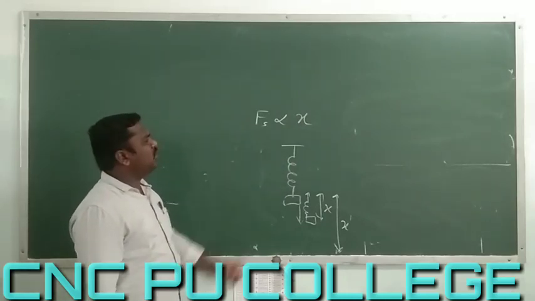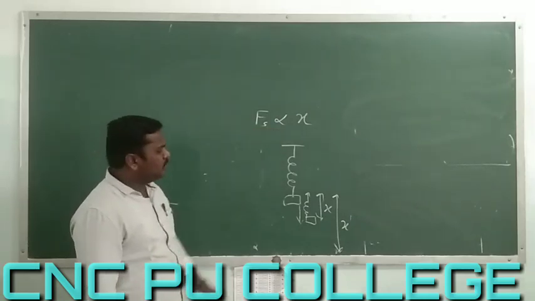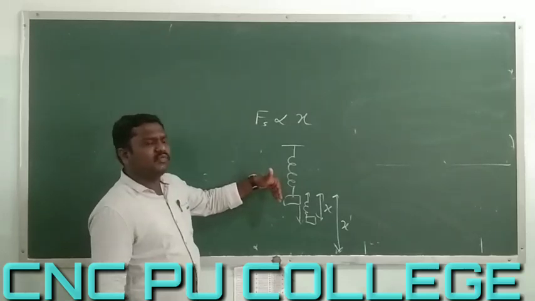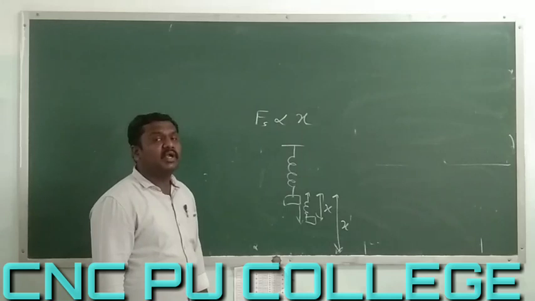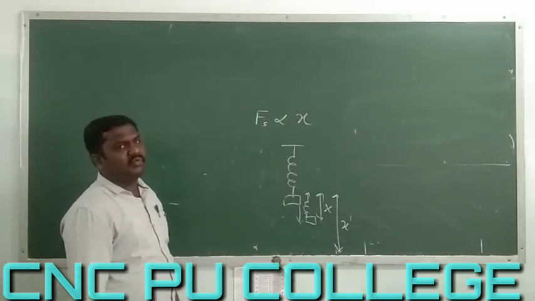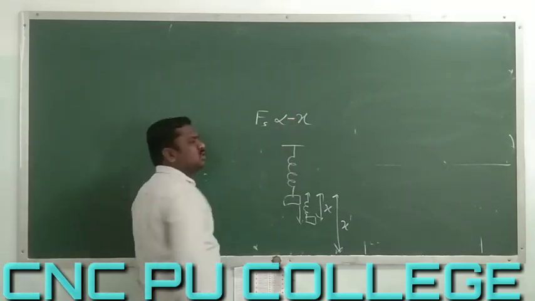And it is very important to know about the directions. In this, we are applying the external force in the downward direction, so the displacement is also downwards, but the restoring force is acting vertically upwards, isn't it? Therefore we can write Fs is proportional to minus x.